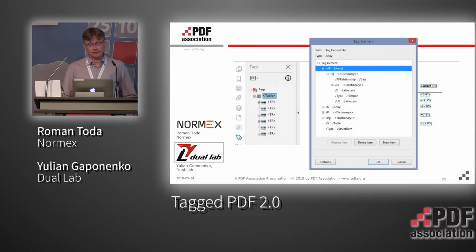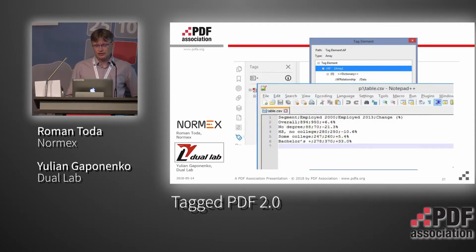In this case, I'm providing only one, with AF relationship data, to the whole table, and the file would be a CSV file with the original data in it.